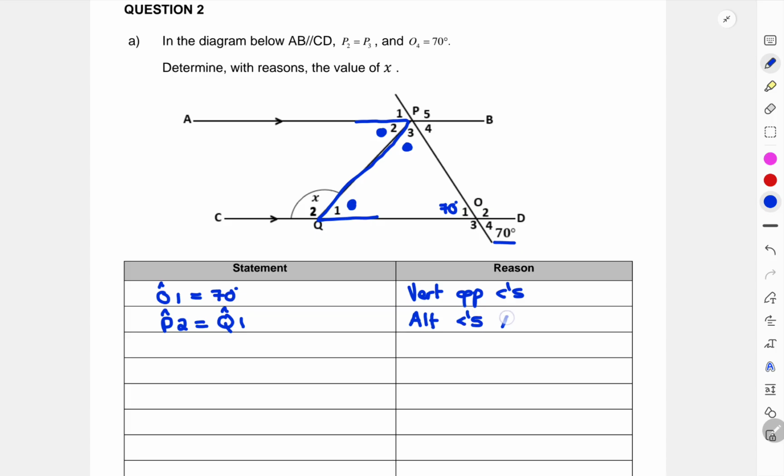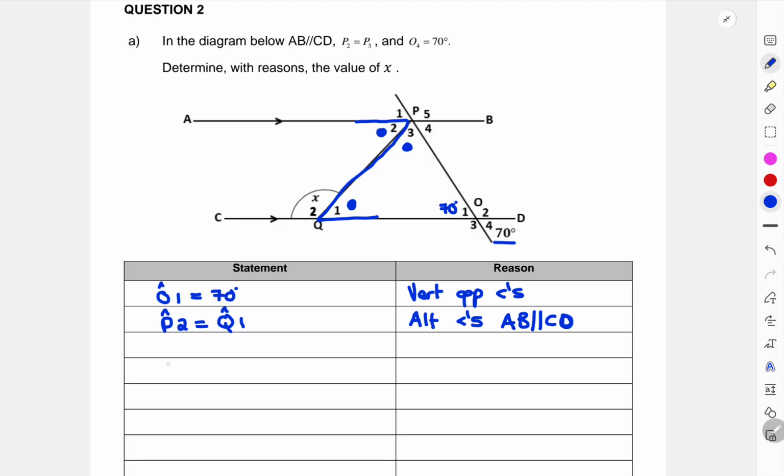And then you have to state which two lines are parallel to which two. Sorry, somebody interrupted me, so I don't know where I was, but I'm going to say P2 is equal to Q1 because of alternate angles, and then I had to say AB is parallel to CD. As long as I can see that is the line that you are referring to. It could have been CD as well.